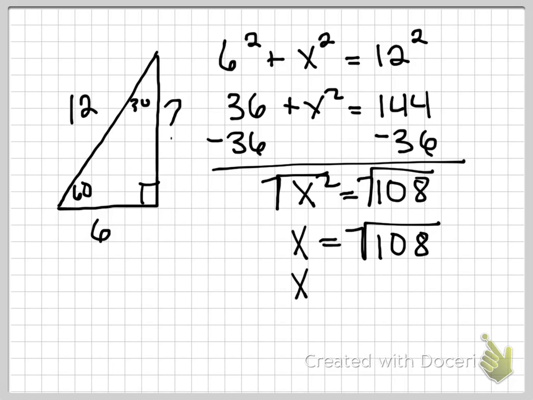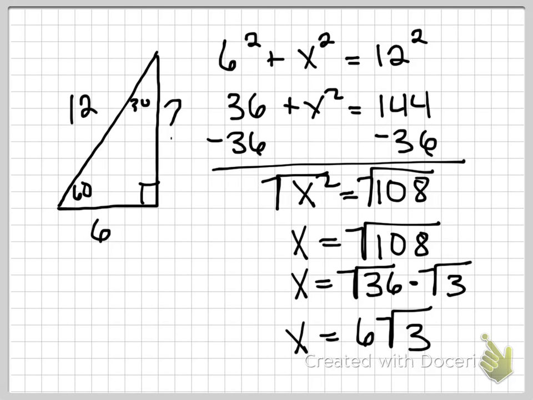You can also write that as x is equal to the square root of 36 times the square root of 3, because 36 times 3 is 108. So we know that x is equal to, the square root of 36 is 6, times the square root of 3.